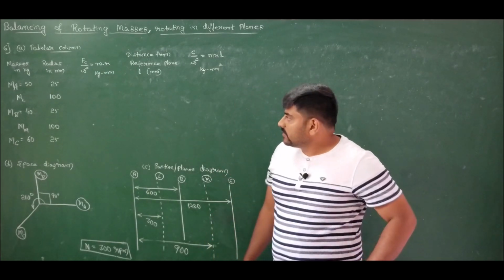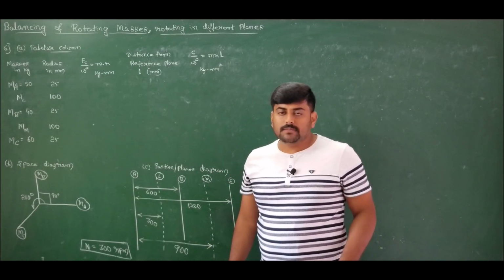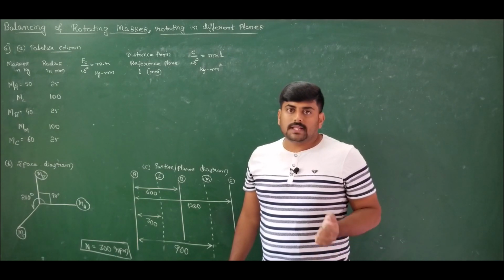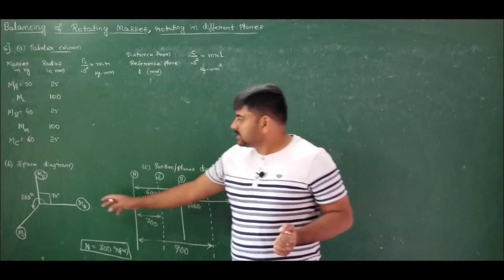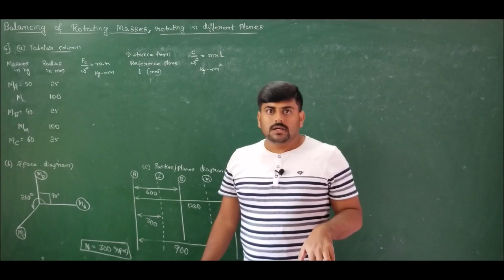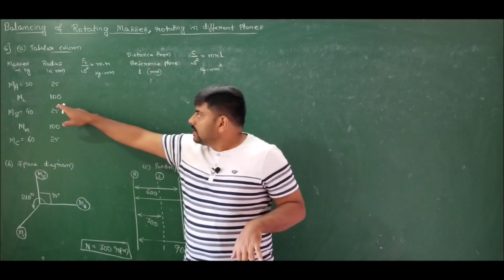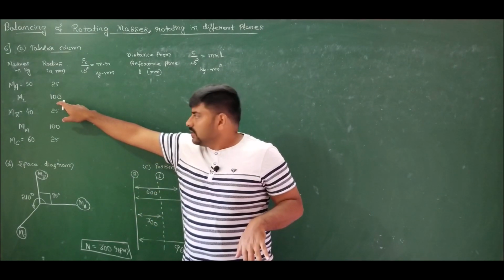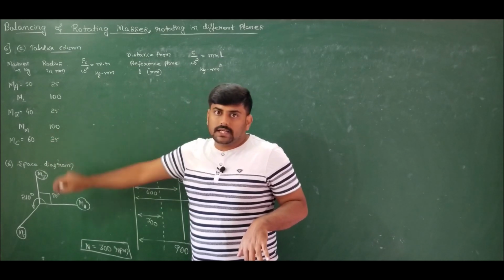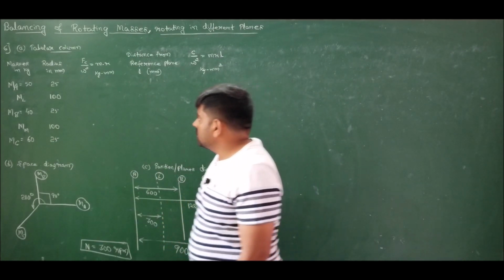First I should determine the unbalanced force and unbalanced couple for the unbalanced masses A, B, C, and later for balancing I should determine the mass of L and theta L, the mass of M and theta M. Come, let us solve this problem.